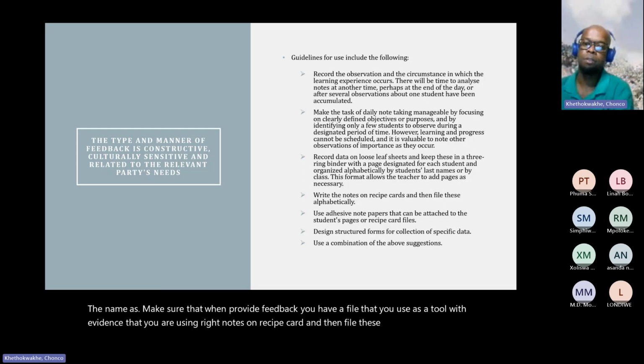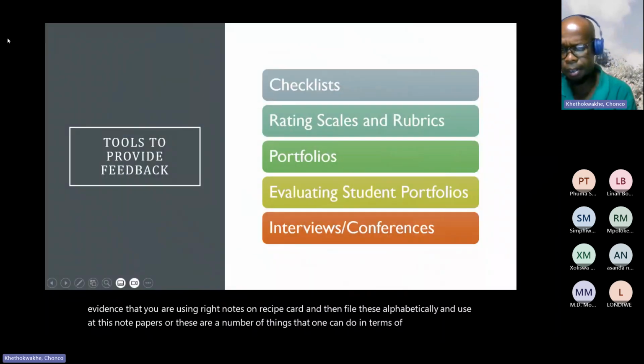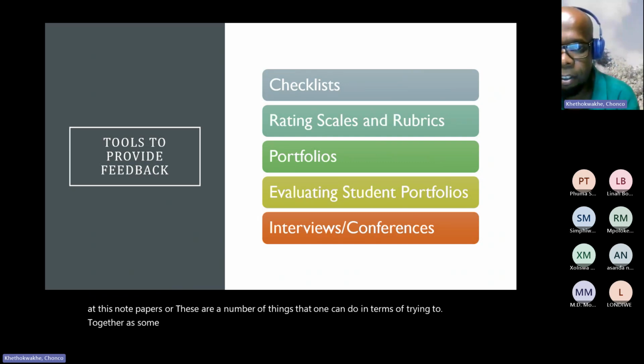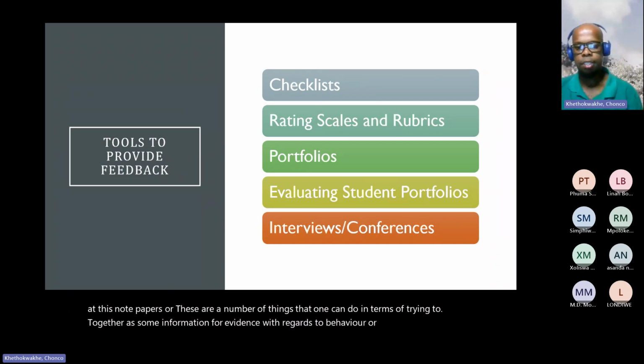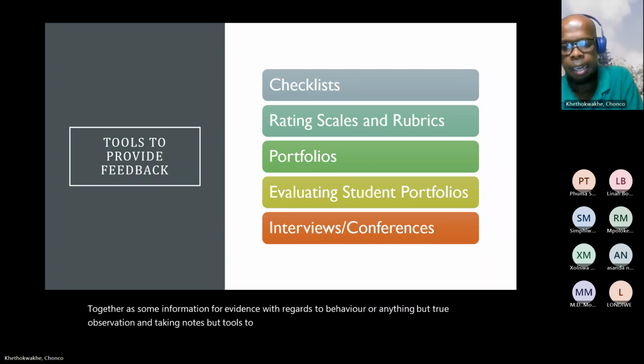Use note papers, or these are a number of things that one can do in terms of trying to gather some information or evidence with regards to behavior or anything, through observation and taking notes. But tools to provide feedback.